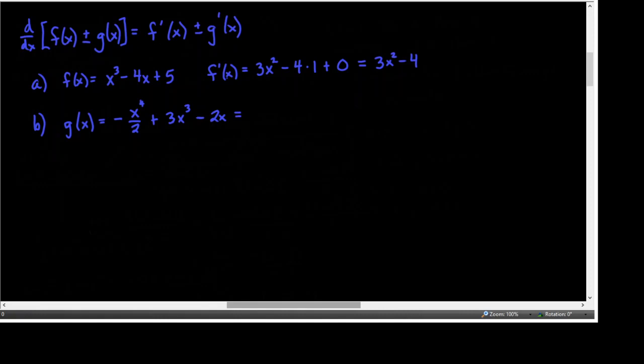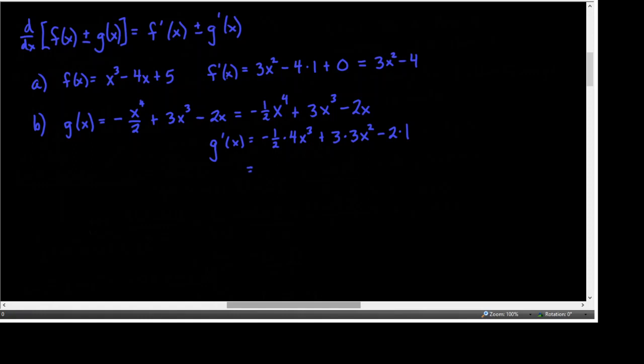Okay, so I'm going to rewrite that first thing as a coefficient negative 1/2 times the power of x, so that I can use the rules that I know. The rest of it's fine. And so g prime of x will be the constant negative 1/2 times the derivative of the power of x, so we'll bring the power down, reduce the power by 1, plus the constant 3 times, bring the old power down, times x to the reduced by 1 power, minus 2 times the derivative of x, which is 1.